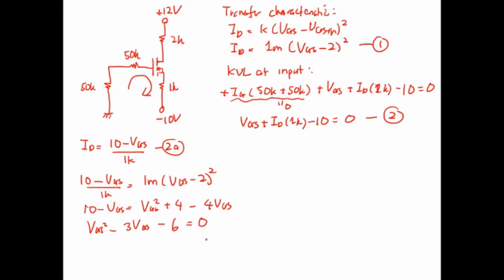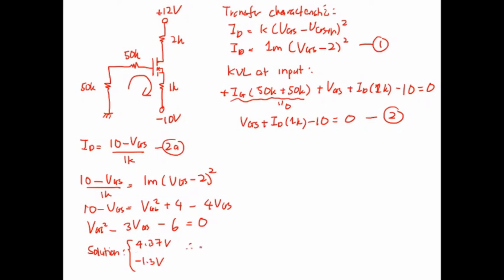So the solution for this: we have two solutions. The first solution is 4.37 volt. The second solution is minus 1.3 volt. You should choose the one that is bigger than the threshold voltage.